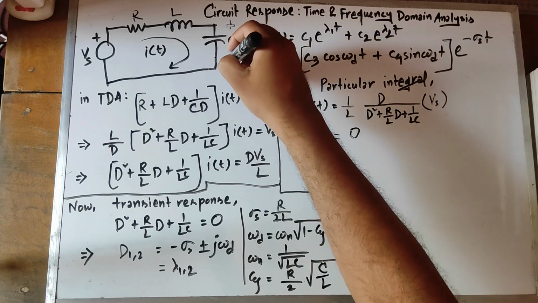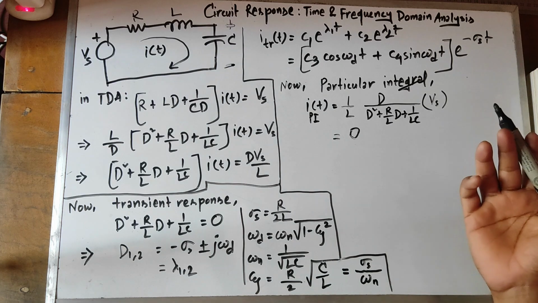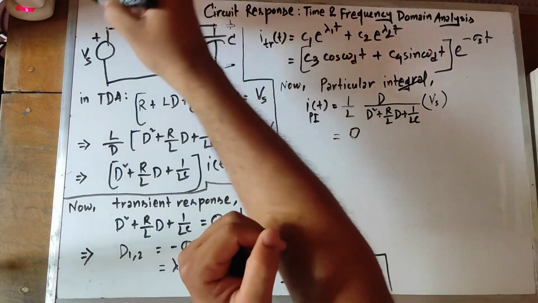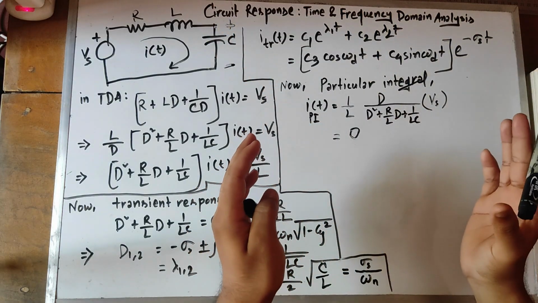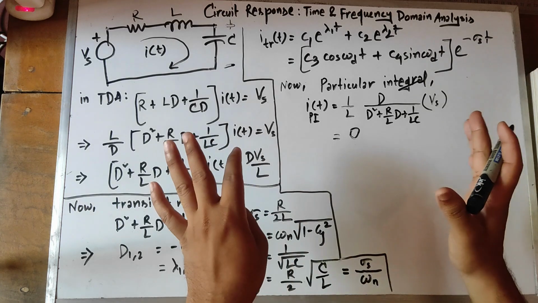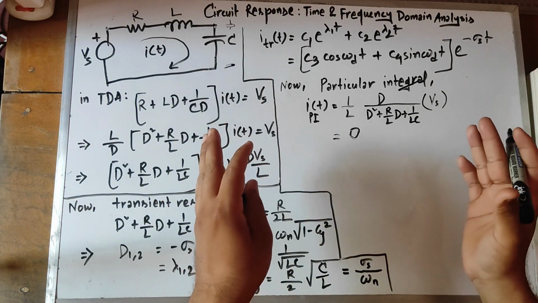There will be no current because from this node to this node, the voltage difference will be 0, so no current will flow. So this is obviously right, there's no doubt about it.